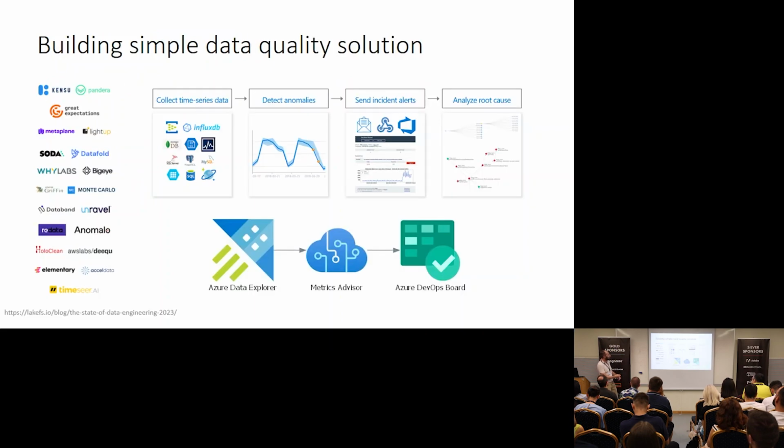And how can we build a simple data quality solution? We can buy it. It's obviously a big and growing industry. If you check the State of Data Engineering for 2023, there are, I don't know how many, but a lot of tools which are doing exactly that: data quality, data observability, and so on. Great Expectations is very popular, Kensu, Dataful, Monte Carlo.